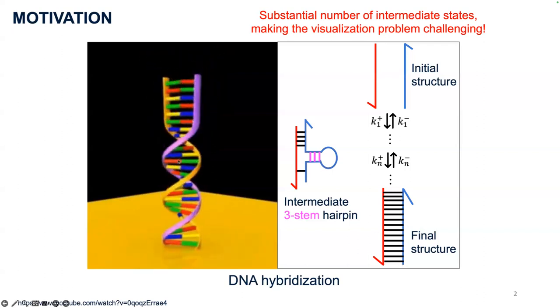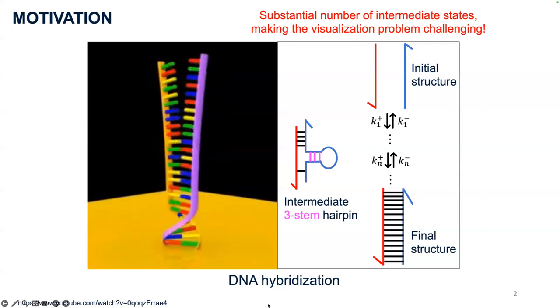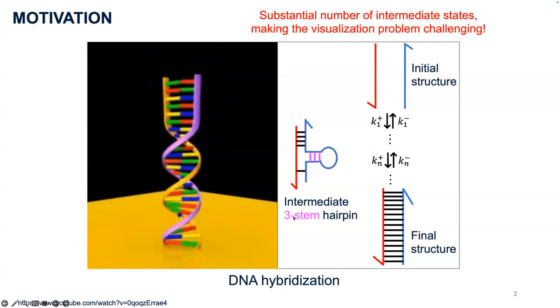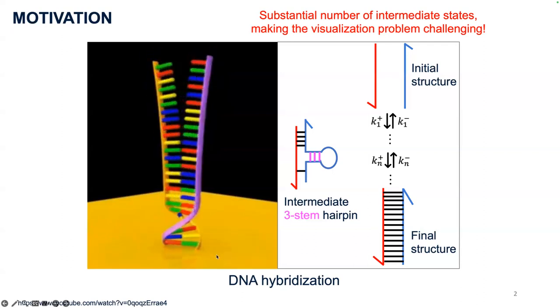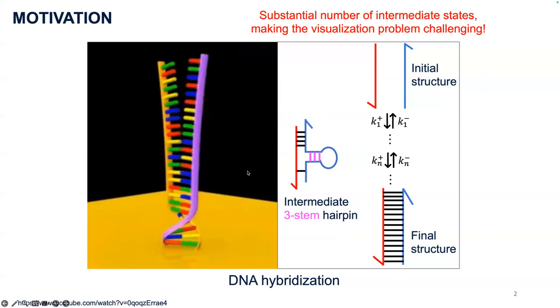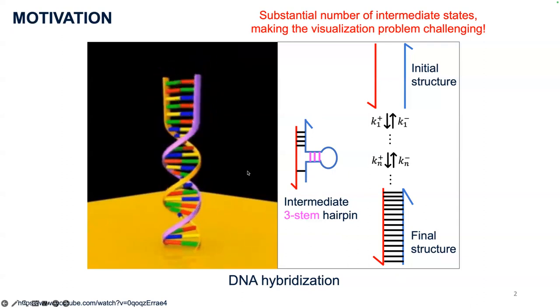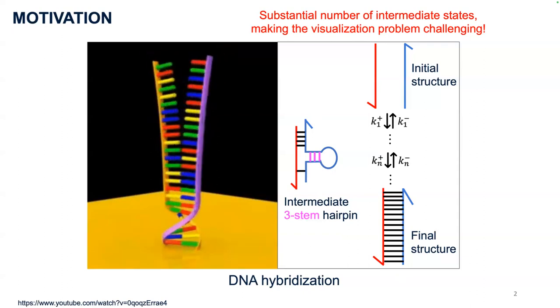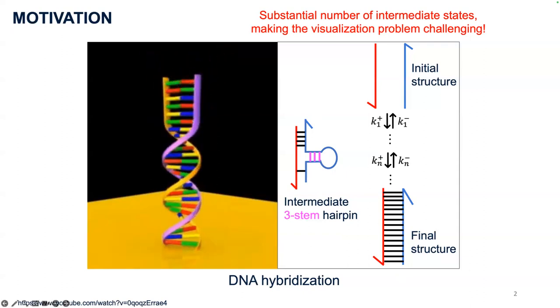Instead, during the hybridization process, it's very possible to form hundreds of thousands of intermediate states, which makes the visualization problem even more challenging. And this figure shows an intermediate secondary structure with a three-stem hairpin structure.